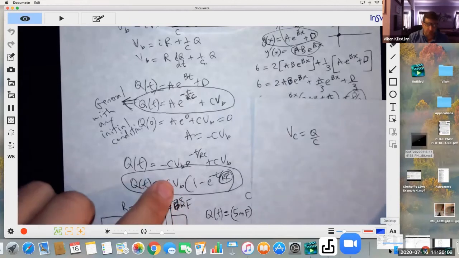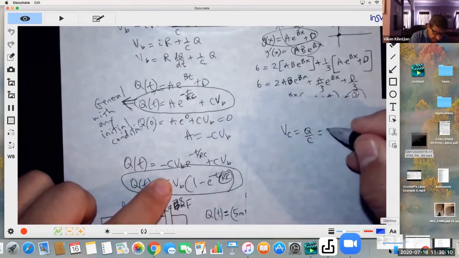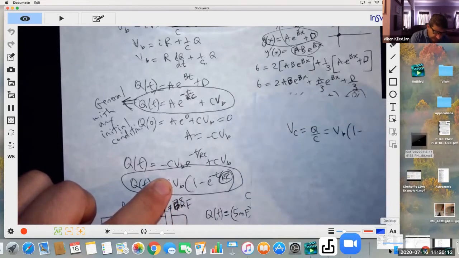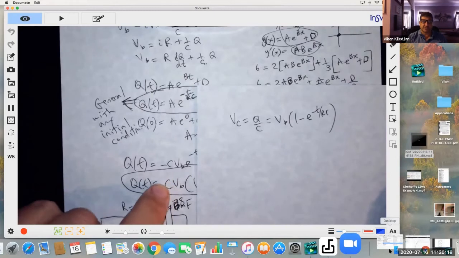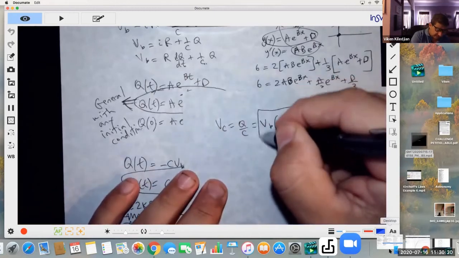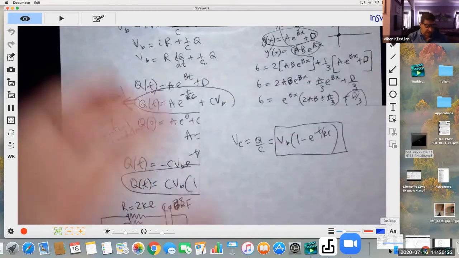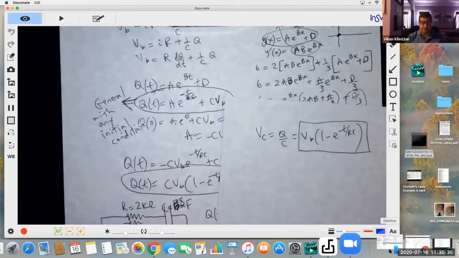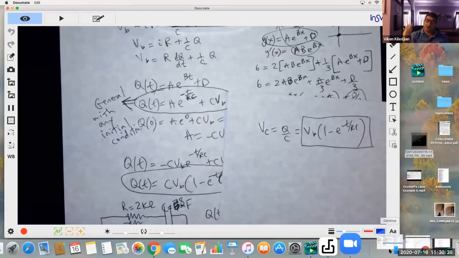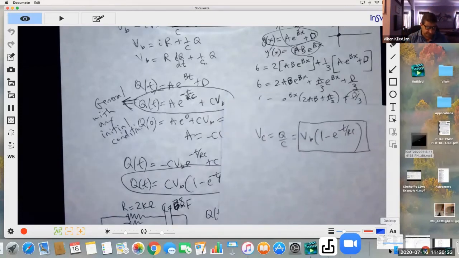So then just get rid of the C and then V_B times (1 minus e to the minus t over RC). So it's pretty much the same equation, except it doesn't have the C. So now we know how the charge is going to behave. It's going to increase, and the voltage of the capacitor is going to exponentially increase, right?